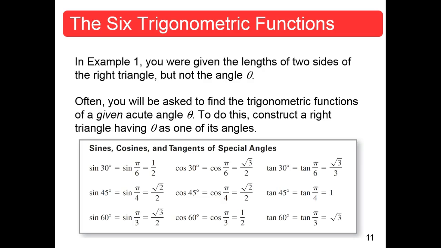When you move to 60 degrees, now the sine of 60 is that the opposite side is √3 and the hypotenuse is 2, that's √3/2, which happens to be exactly what the cosine of 30 is. We're going to hit that a little bit later, but make that observation now.